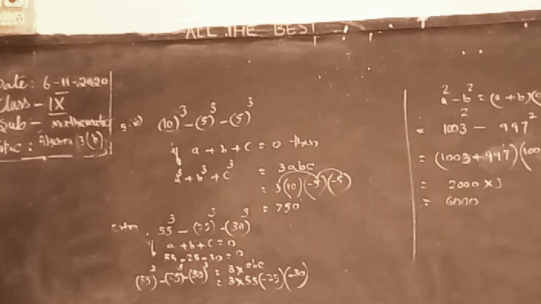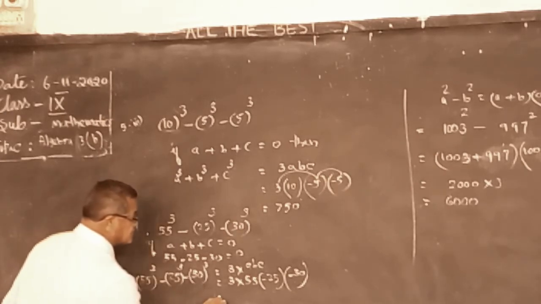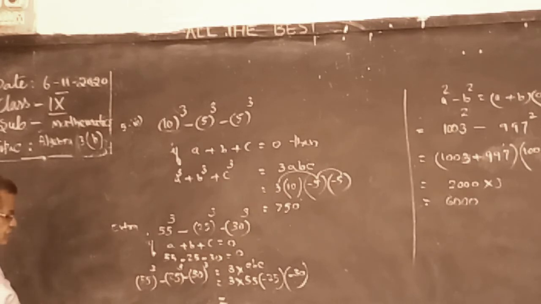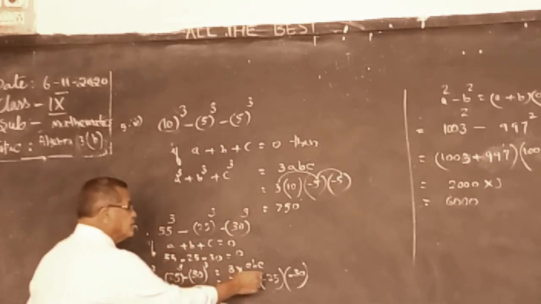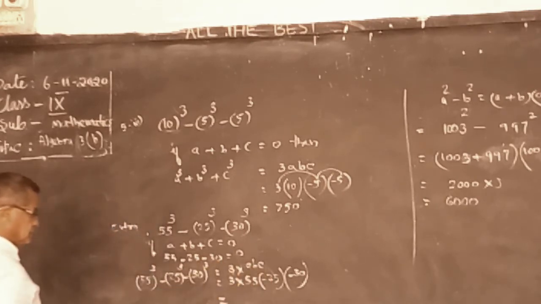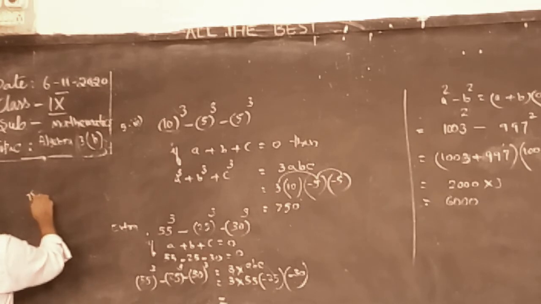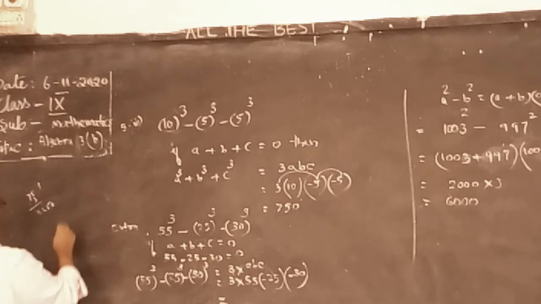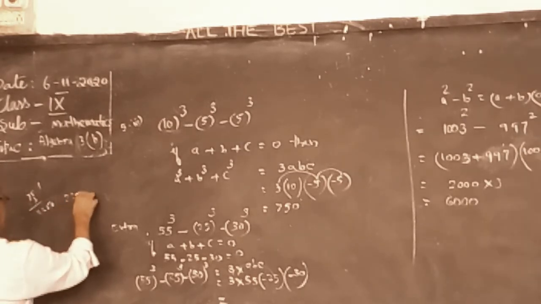Minus into minus is plus first. 25 into 3 is 75, 75 into 3 is 225, so 2250. 2250 is multiplied by 55.